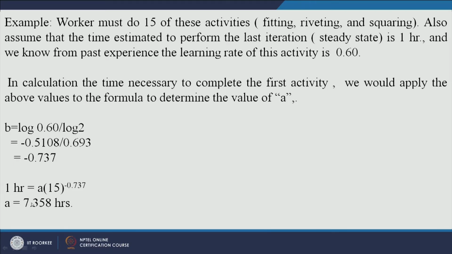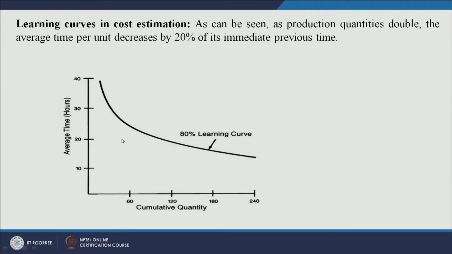So, the value of A is 7.358 hours. It means the worker would have taken 7.358 hours to complete that activity for the first time. So, this is an example on the learning curve.